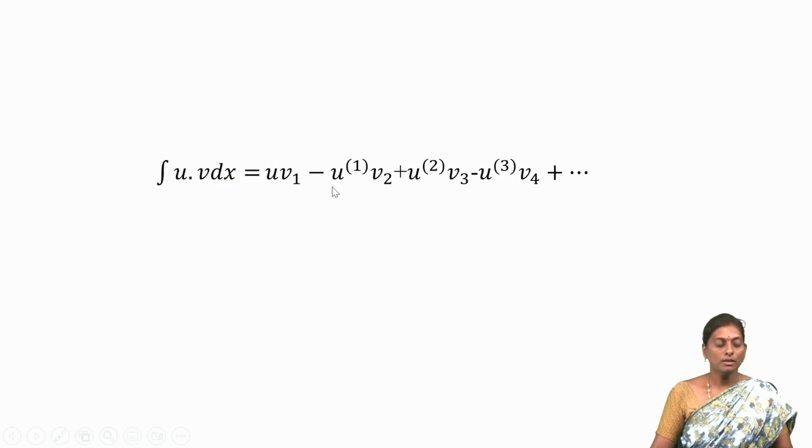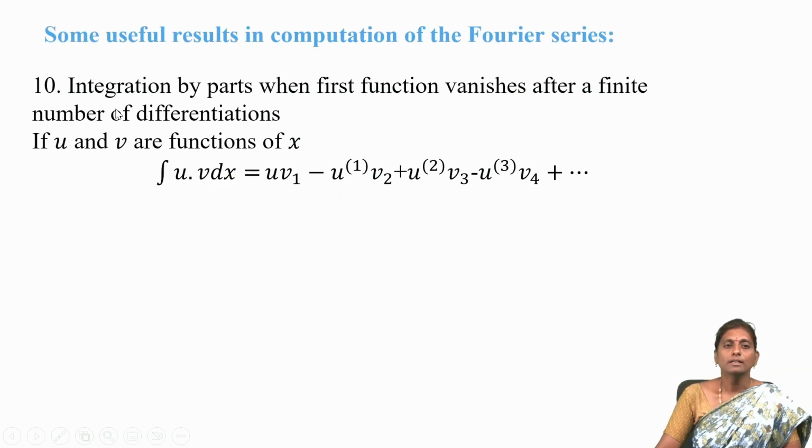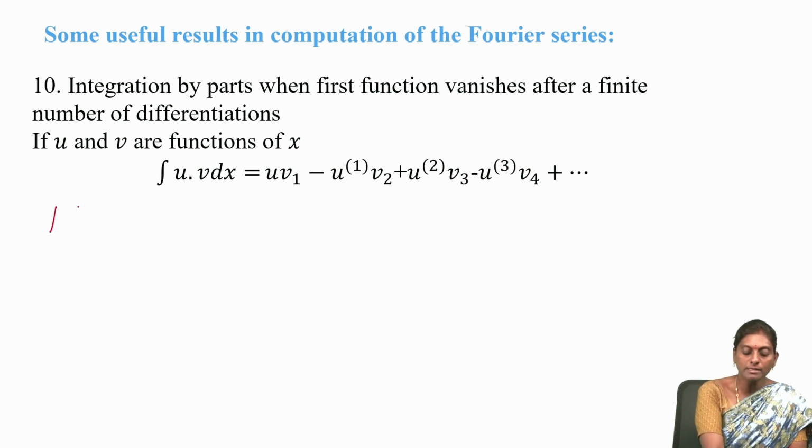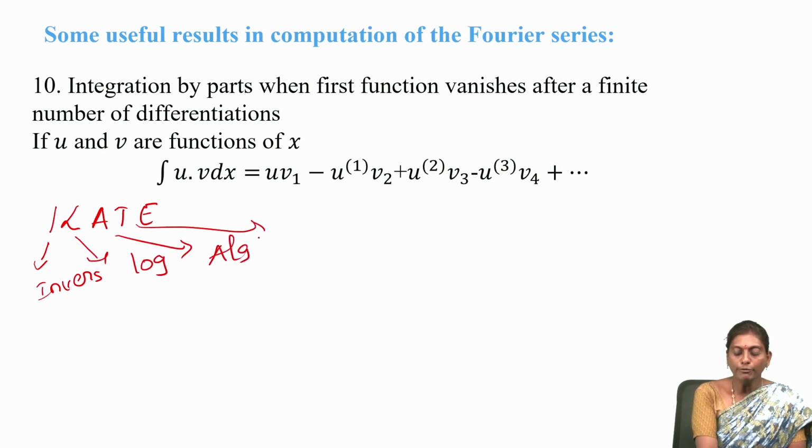And also one more important result, here I discuss integration by parts. You know what is integration by parts? Use the ILATE condition: I for inverse, L for logarithmic, A for algebraic, T for trigonometric, E for exponential.